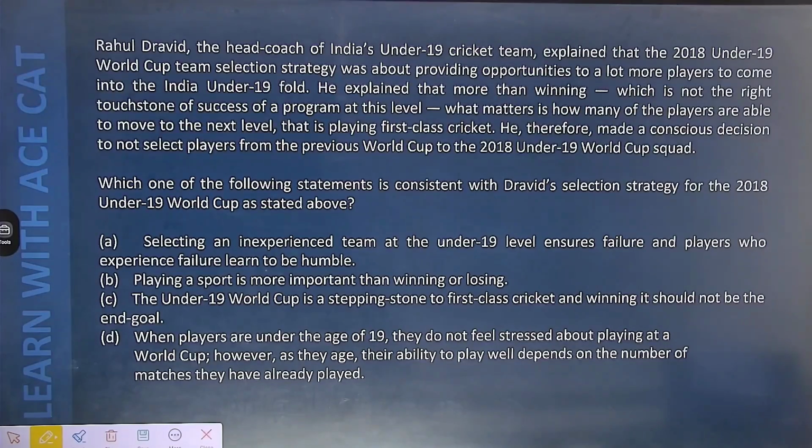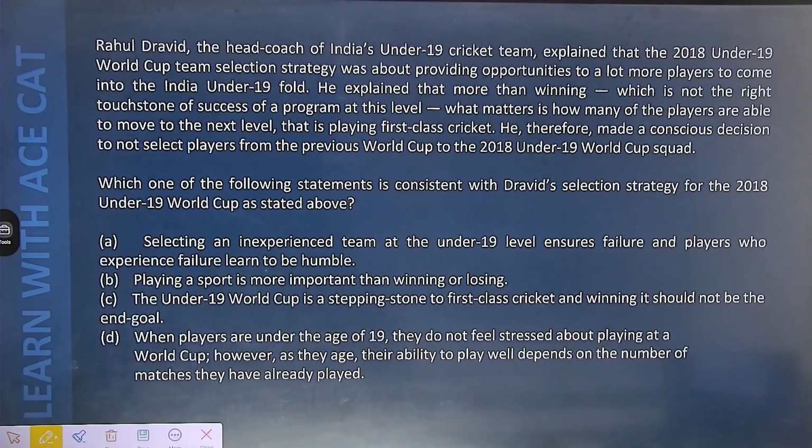Rahul Dravid, the head coach of India's under-19 cricket team, explained that the 2018 under-19 World Cup team selection strategy was about providing opportunities to a lot more players to come into the India under-19 fold. He explained that more than winning, which is not the right touchstone of success of a program at this level, what matters is how many of the players are able to move to the next level, that is playing first-class cricket.